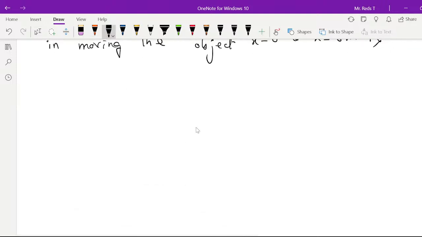First note down the graph, then the options.